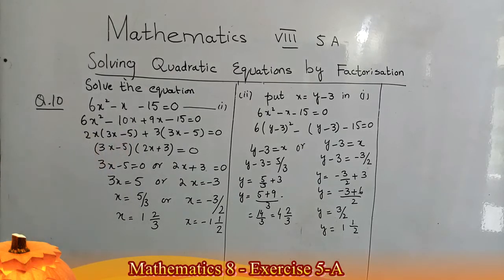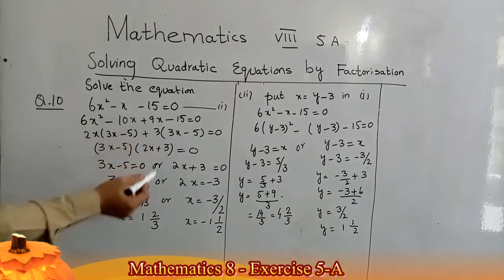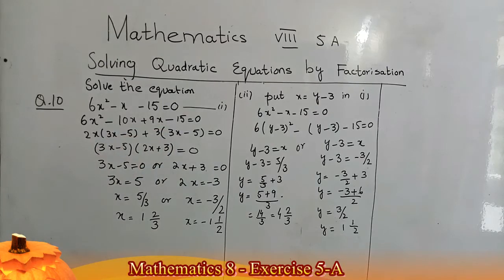So I will use minus 10 and 9 as the coefficient of x here. So we have 4 terms. From the first two terms I will take 2x as a common factor, so 3x minus 5. From the last two terms I will take 3 as a common factor, so 3x minus 5. Next we have two terms, and in both the terms I have 3x minus 5, so I will take 3x minus 5 as a common factor.